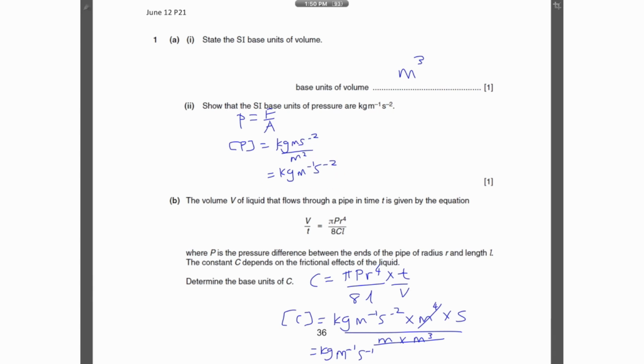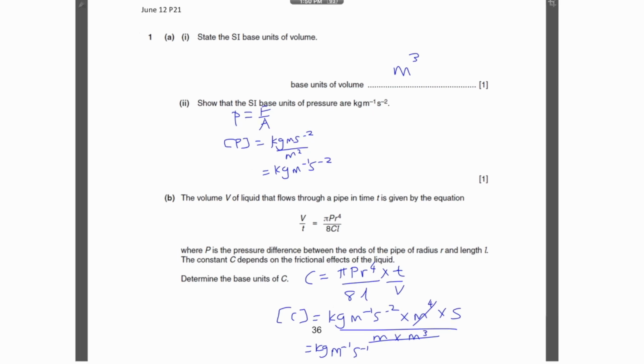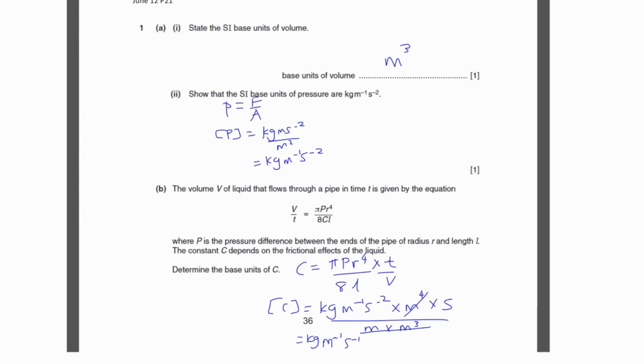For the next one, they ask you to find the base units of C by giving you this equation first. So what you do is make C the subject. Whatever they ask you to find, you make it the subject, so you will get this equation. Once you have this equation, you can substitute all the units for the quantities here.